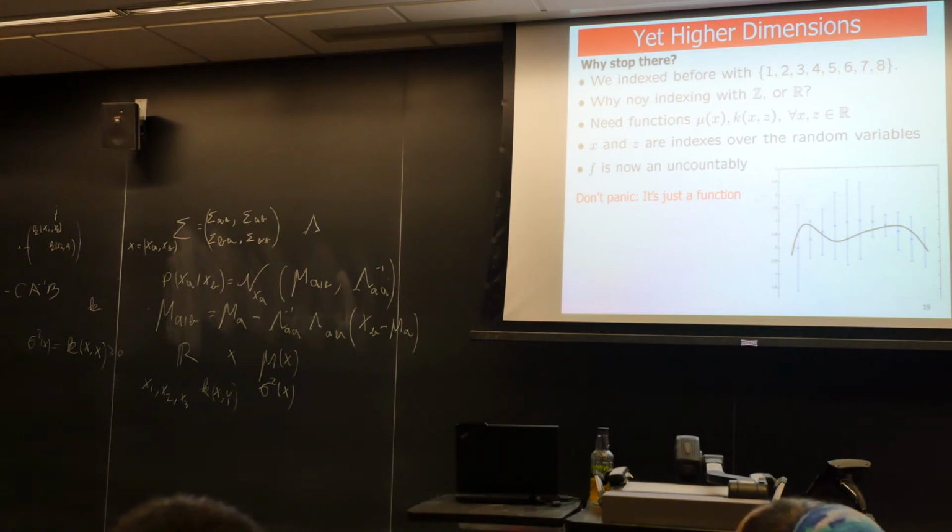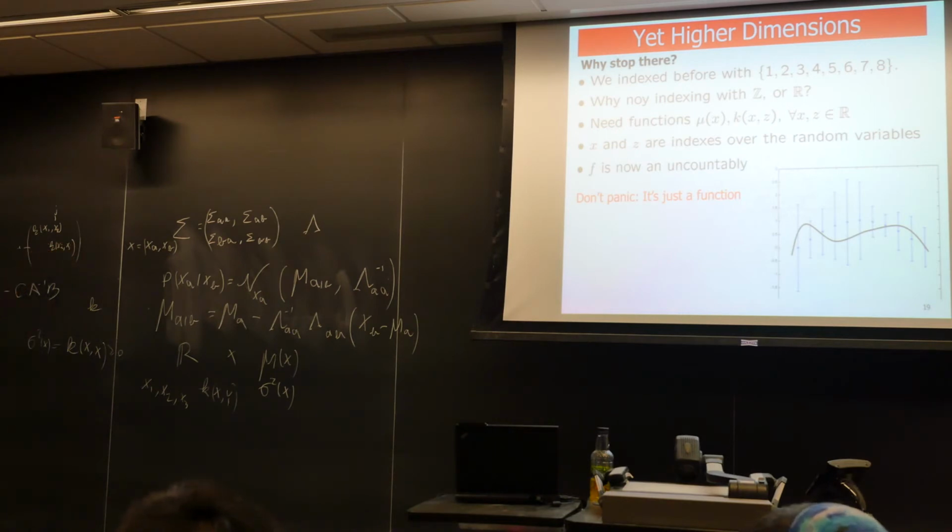Then, because we discussed that for any fixed finite indexes x1, x2, x3, it has to be jointly Gaussian. It means that this has to be a covariance matrix, which means it has to be symmetric and positive semi-definite.